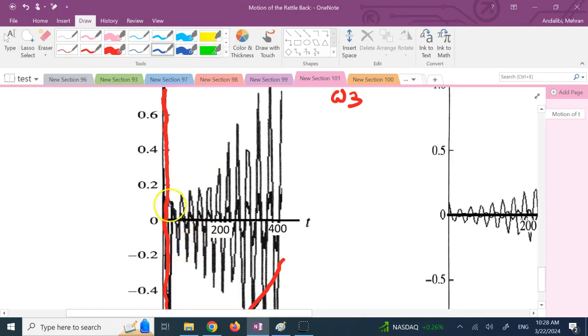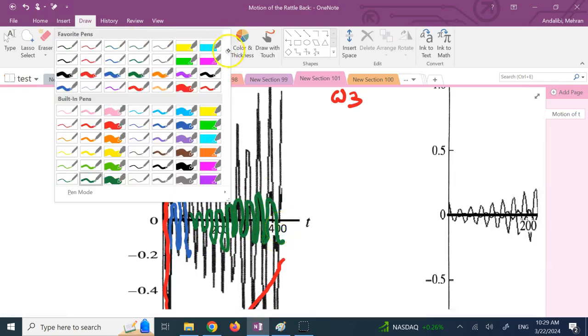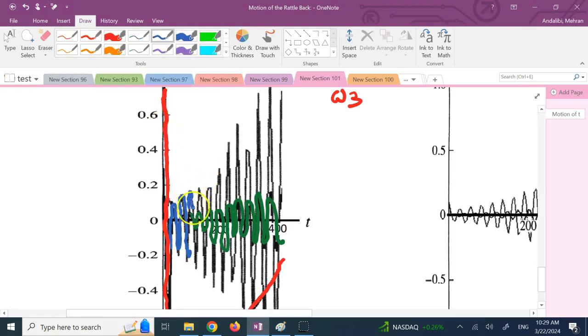So one of them is like this bigger oscillation, and the other one is this smaller oscillation that is underneath it. You see it? So one is the one with bigger magnitude of oscillation. The other one is this one with smaller magnitude of oscillation.